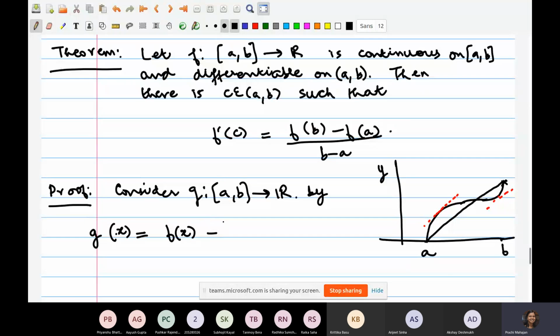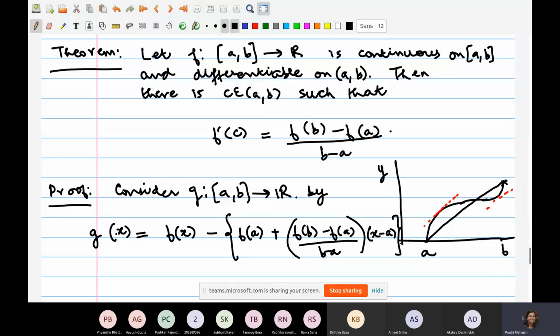Let me write down the equation. One point is (a, f(a)), and the slope is given by (f(b) minus f(a)) by (b minus a), times (x minus a). Is that correct? As long as I know one point and the slope of the line, I can write down the equation of that line segment. Correct?